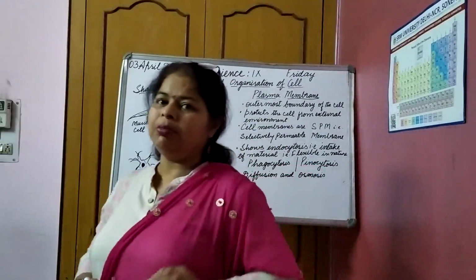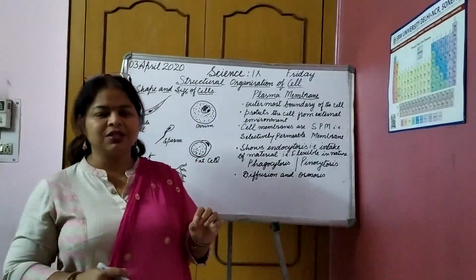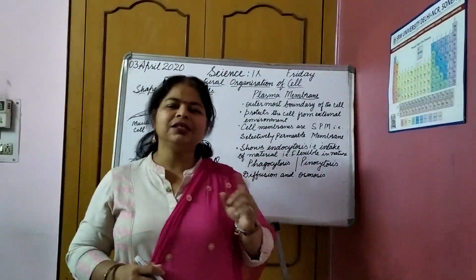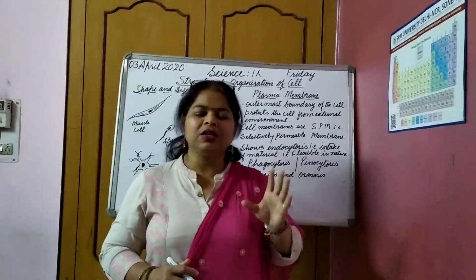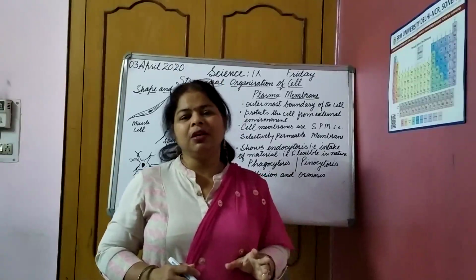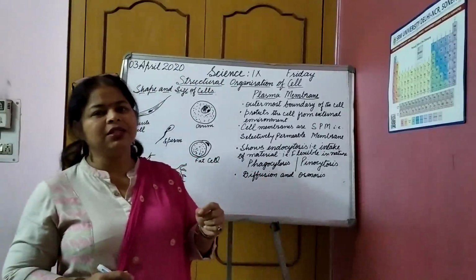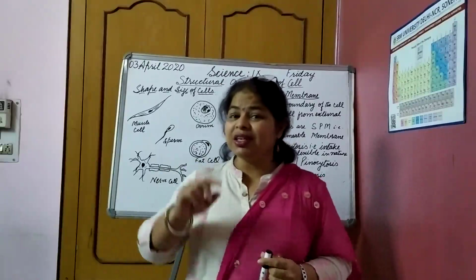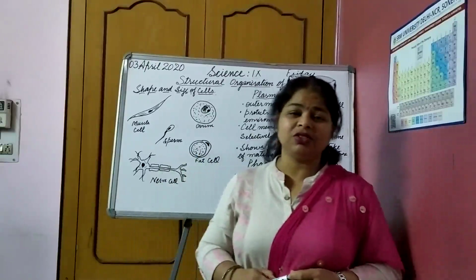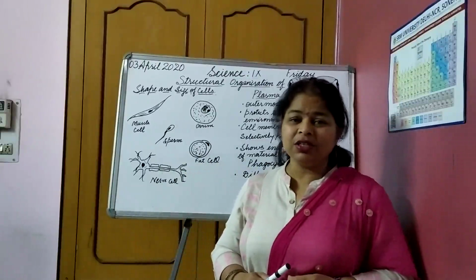If we talk about amoeba, as we discussed earlier, it's a single celled organism and has an irregular shape, no definite shape. But a single celled organism like paramecium is a slipper shaped organism, is it or not?